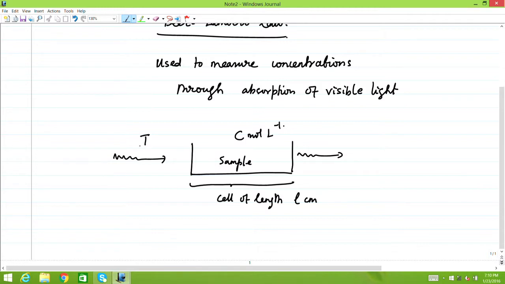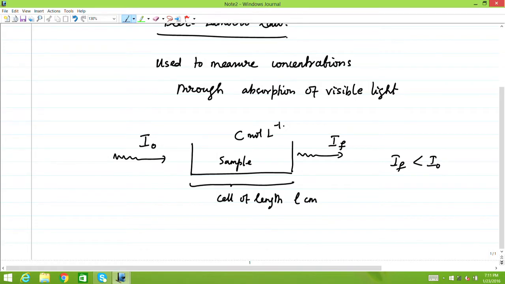And if visible light with a certain initial intensity I naught falls on the sample and light with the intensity IF is emitted, obviously IF is less than I naught.